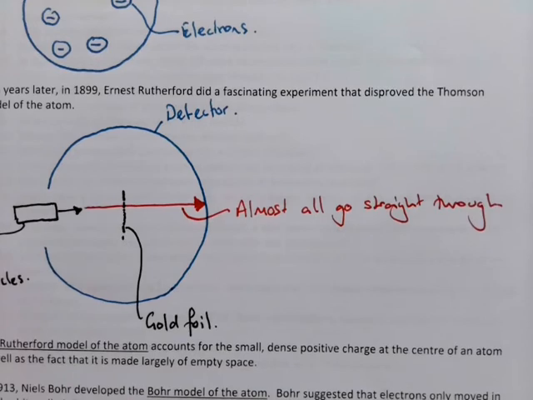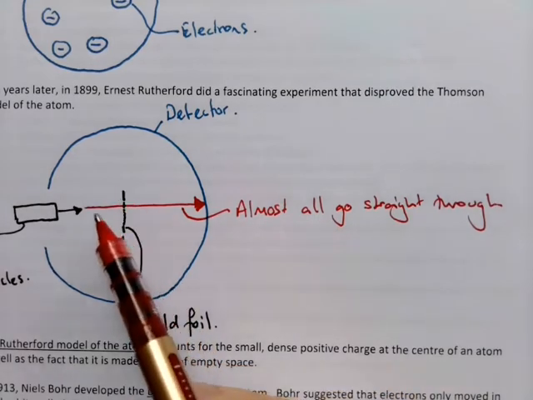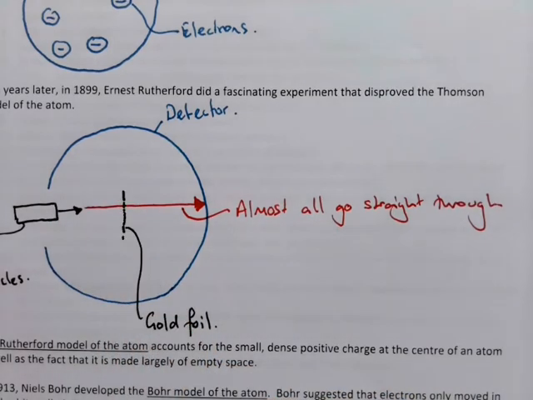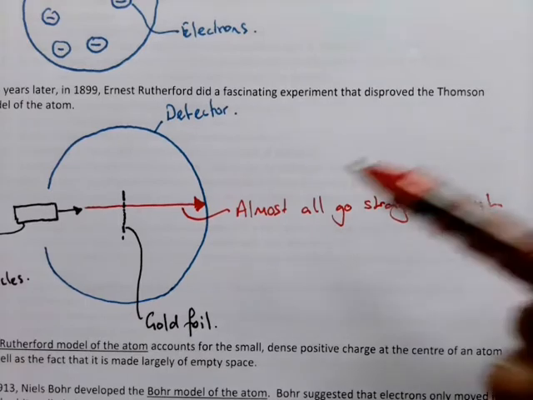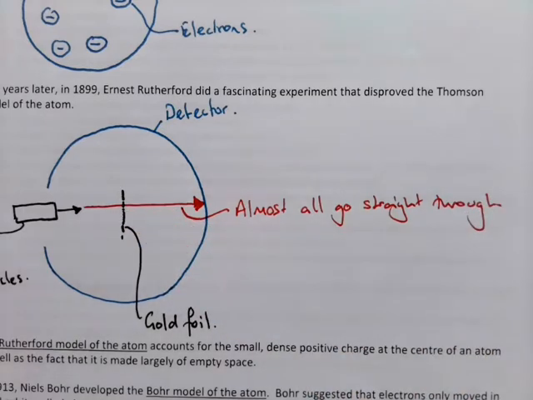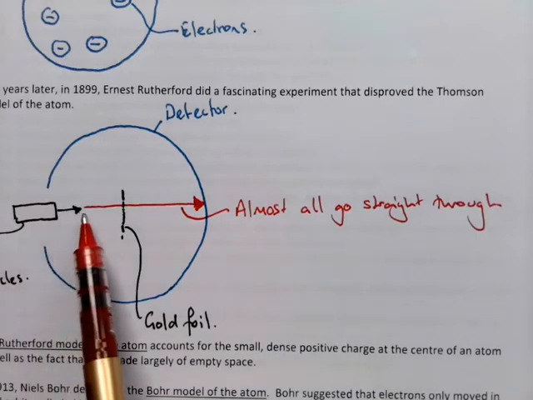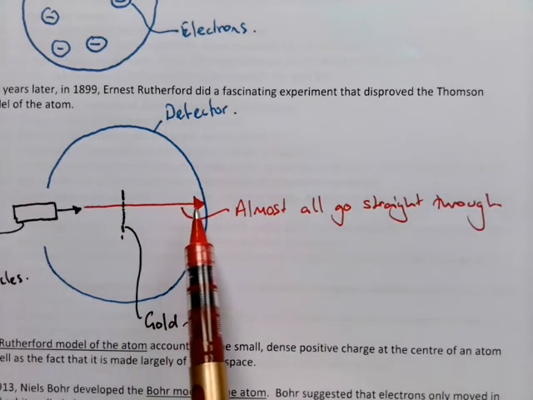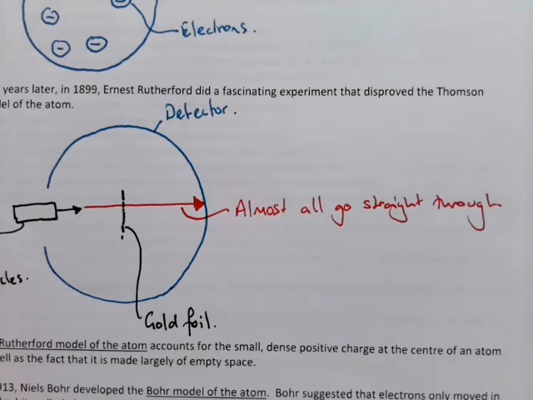Why, if I've got this piece of gold foil being fired at, would almost all of the particles go straight through? And he figured that it must be because gold atoms must be mostly empty space. Because if you think about it, if the alpha particle goes straight through the gold foil, there must be nothing in its way to stop it or deflect it.